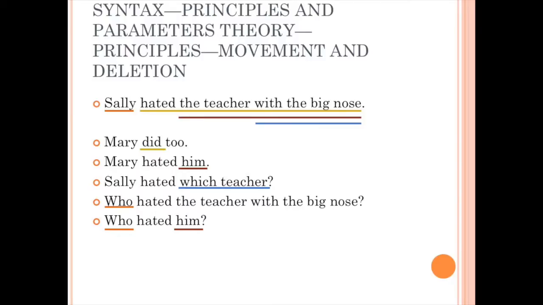Sally hated the teacher with the big nose. So we can substitute phrases with other words. This lets us know that we can move and delete and change and substitute phrases. And again, all languages allow some kind of substitution, some kind of movement and deletion.